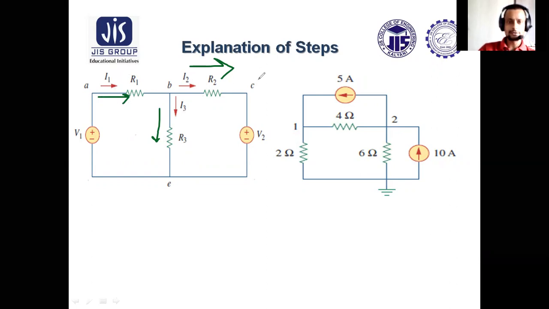Now you have to apply KCL in those nodes for which voltage is assumed. Voltage at point A is known, voltage at point C is known, voltage at point B is not known to us. So we'll apply KCL at node B.